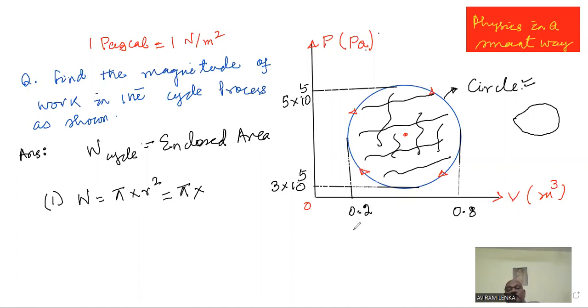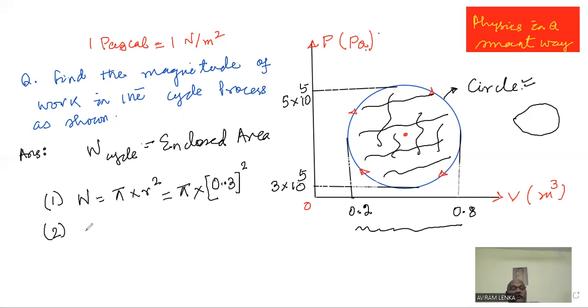If he or she takes the radius in terms of volume, we know the spread of the volume is from 0.2 to 0.8. 0.8 minus 0.2 is 0.6, and that's the diameter, and half of that is the radius. So a student can say the radius is 0.3, and take the square of that. Obviously the unit will be joules.